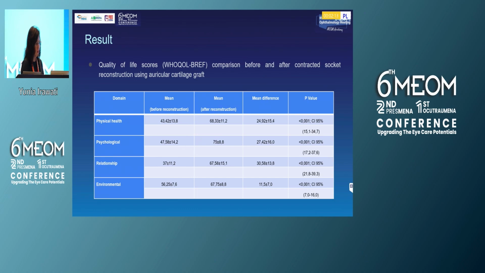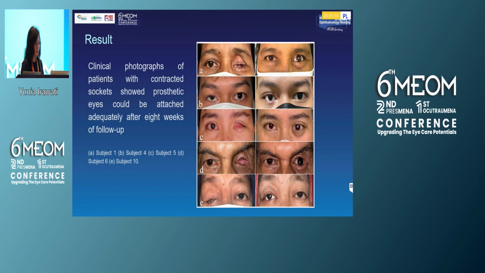For the quality of life score, we checked before and after the surgery: physical health, psychological, relationship, and environmental. There was a significant difference before and after surgery.